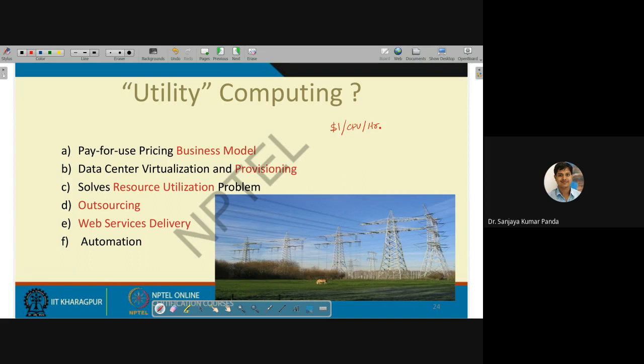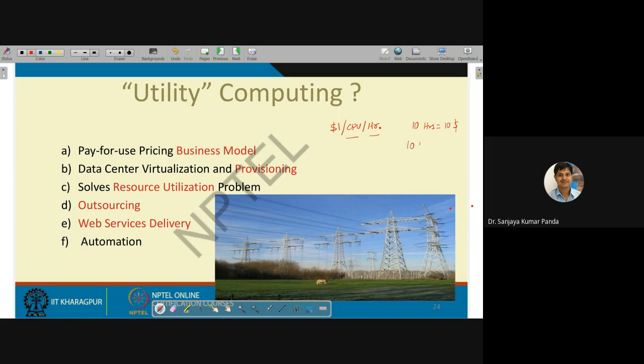So if you have used it for 10 hours, then you have to pay $10. This is per hour, per one CPU, the rate is $1.